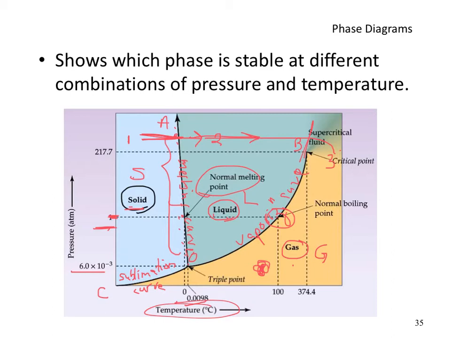Another thing that I want to bring to your notice is the supercritical fluid, or SCF, or critical point. Really, this point beyond the point B is where no matter how high the pressure is, you will not be able to convert the gas into the liquid form, and the temperature is so high that no matter what you do past this point, the liquid will not be able to get converted into a gas.